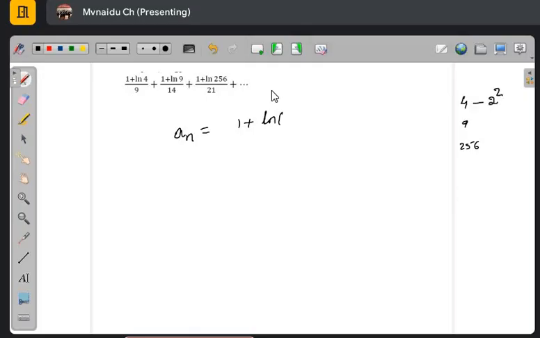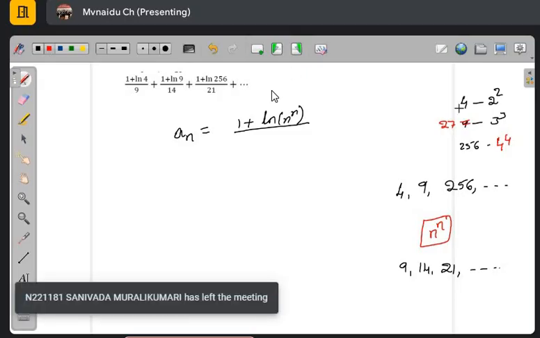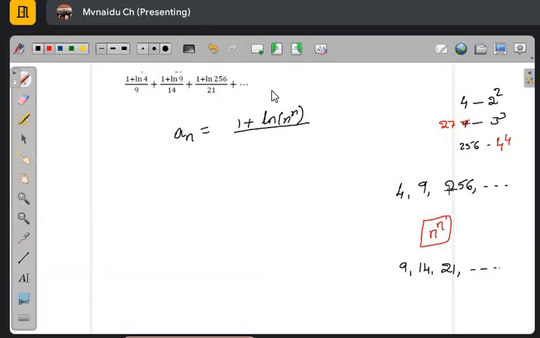It seems like this is 2 square and this is 3 square, but it's not 4 square, right? See, there's a typo here. It is supposed to be 27, not 9. So that's why it is 3 cube. So the pattern is of the form n power n.